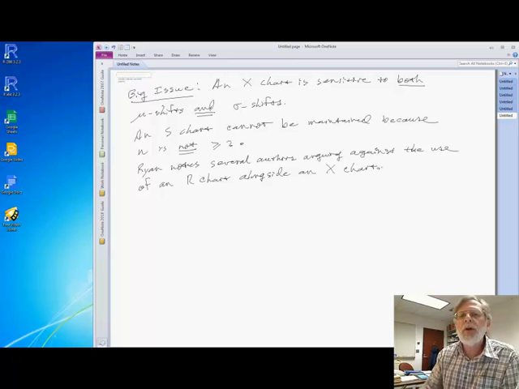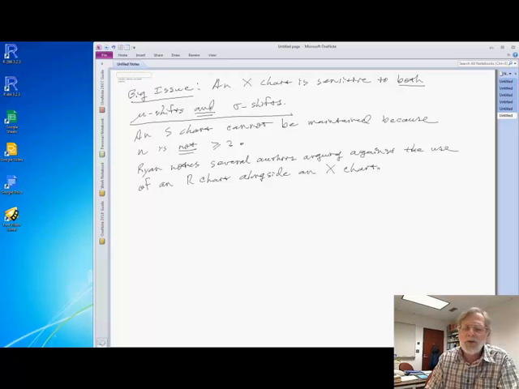Yeah, I know you're going to say, well, if S chart's out of reach, I'll just run an R chart, because I can always run an R chart, because it's just differences between two successive observations. Well, folks have looked into that, and they have found, unfortunately, that doing so doesn't give you the sensitivity you need between the two charts to distinguish between a mu shift and a sigma shift.